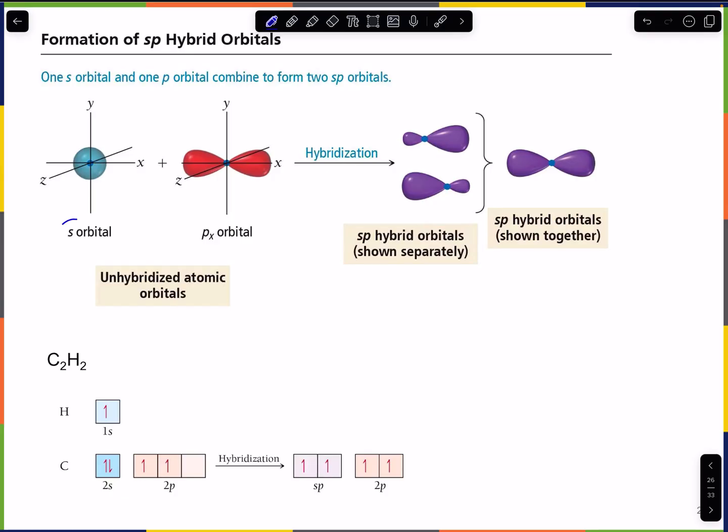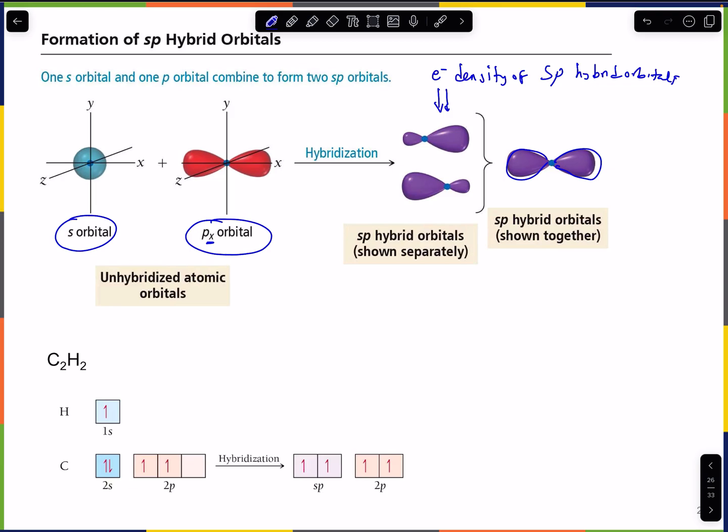When you mix one s and one p orbital, in this case we are using the px orbital, you can get two sp hybrid orbitals. These correspond to the electron density of sp hybrid orbitals. Two electron density regions, 1 and 2.